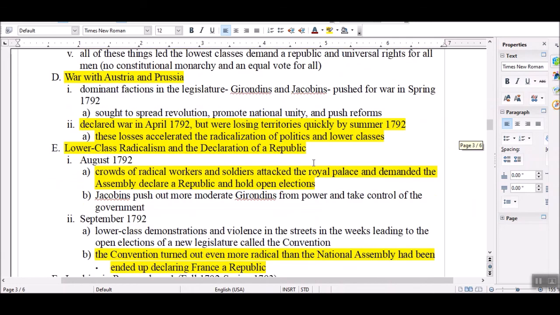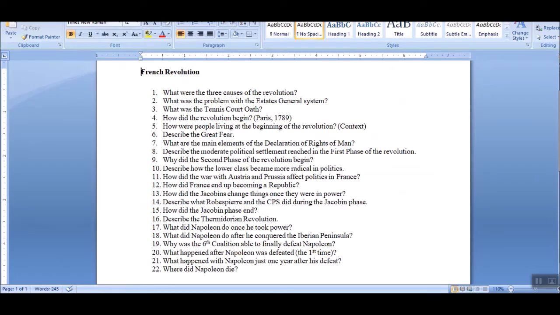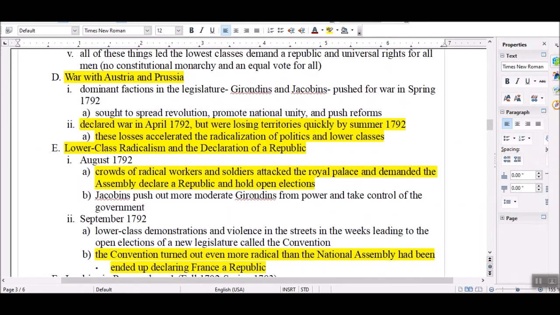So those things. All right, and how did the war with Austria and Prussia affect politics in France? Because they were losing territories, it accelerated the radicalization of politics and the lower class. That's what I'm looking for there.